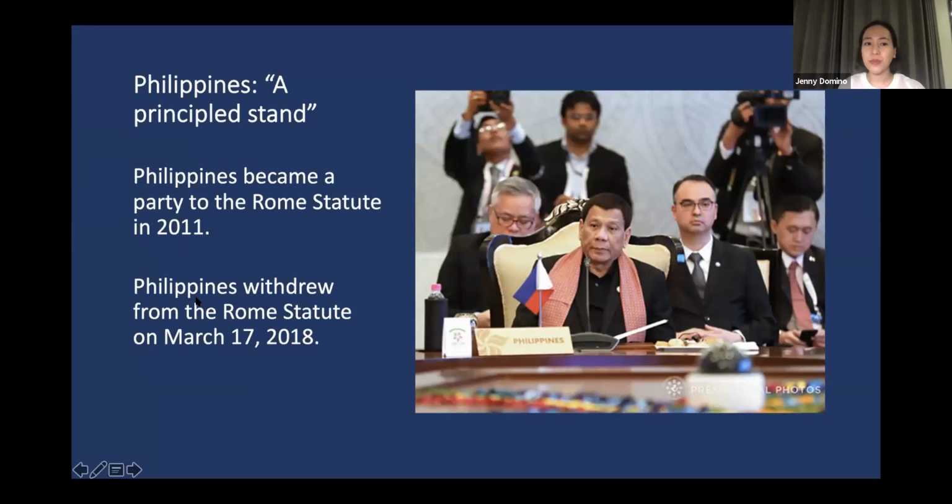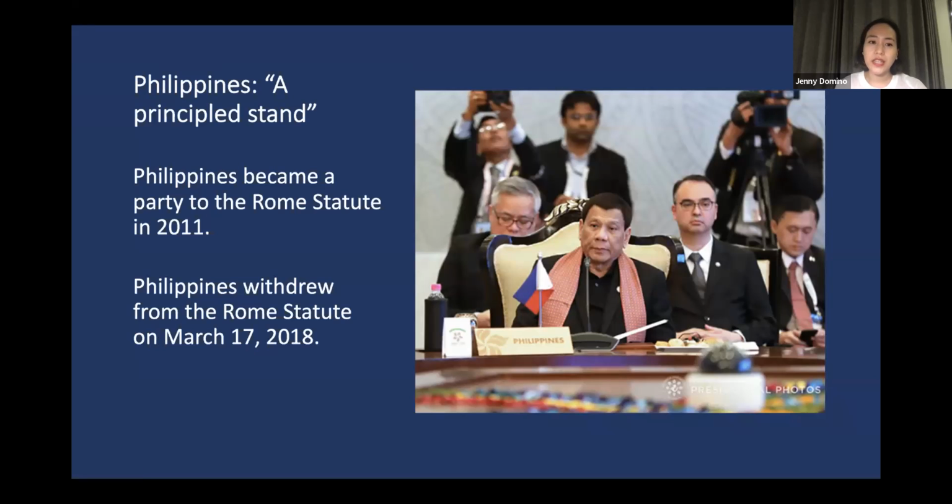Now, not further in time and place, in March 2019, the Philippines' withdrawal from the Rome Statute took effect. As you may know, the Philippines became a party to the Rome Statute in 2011. The state withdrew from the treaty on March 17, 2018, because of certain events. In 2016, the Philippines elected a new president, Rodrigo Duterte, and he launched a campaign against illegal drugs that was implemented by the Philippine National Police.